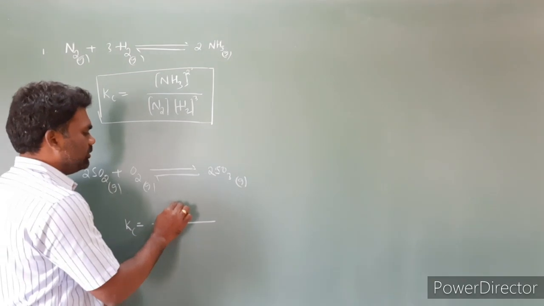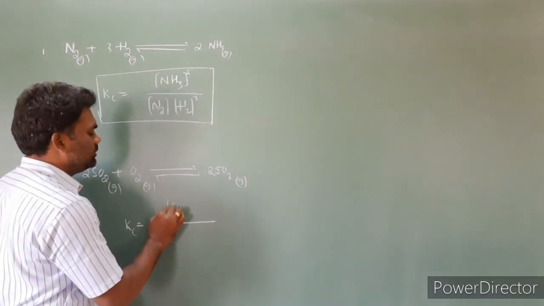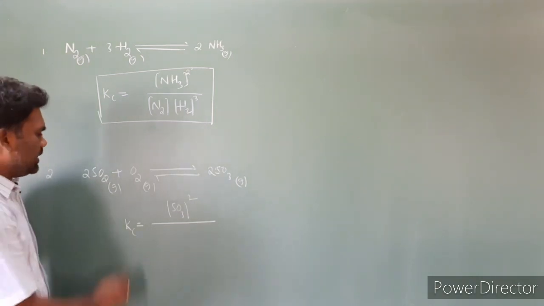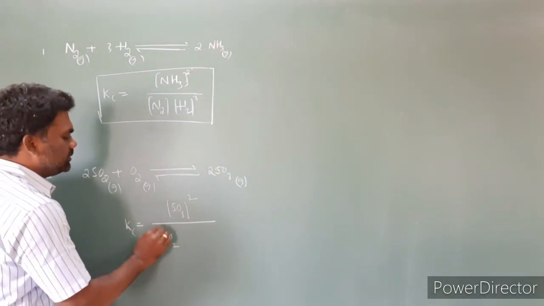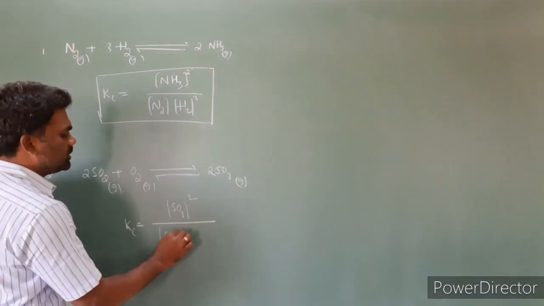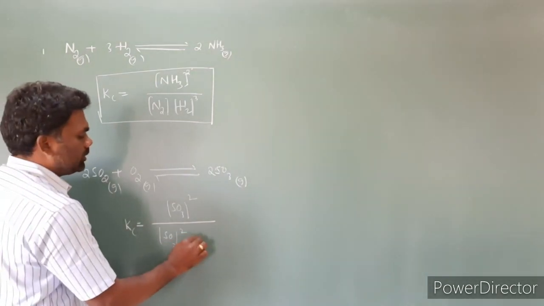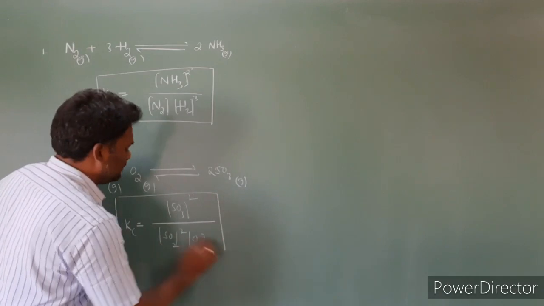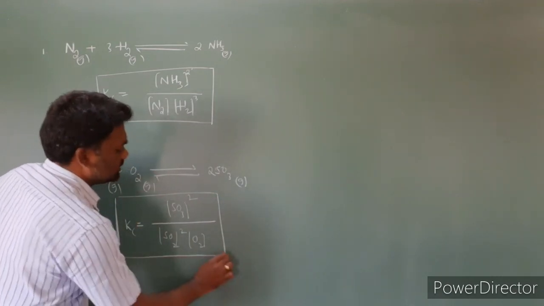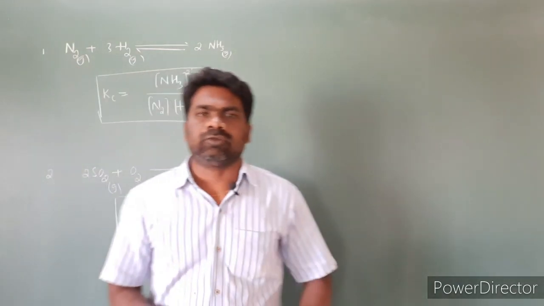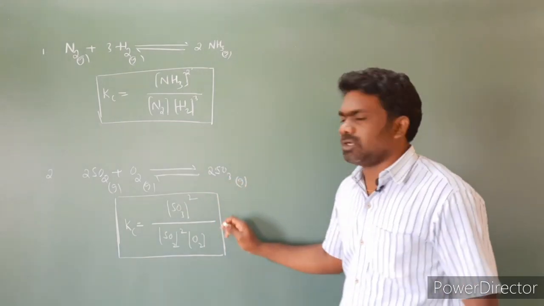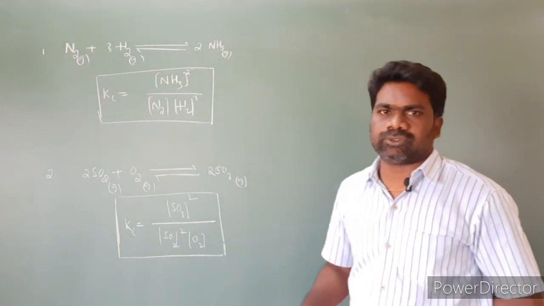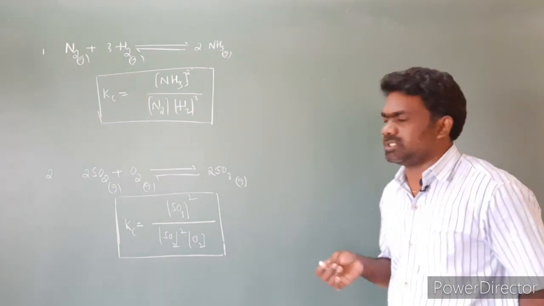SO3 concentration, with stoichiometric coefficient 2, divided by SO2 concentration with coefficient 2, and O2 concentration. So this is the Kc for this equation. Simple. We write the product of concentrations of products by the product of concentrations of reactants, each raised to its stoichiometric coefficient.